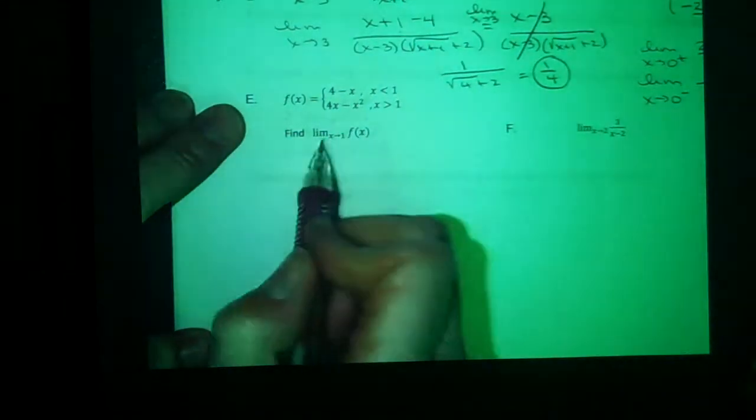So for E, when it's already written as a piecewise, if you're asked the limit as x approaches 1, you always have to come at 1 from both the right and the left. Because 1 is where this function is breaking apart. And I need to see if those two pieces are coming together at the same point in space or not.